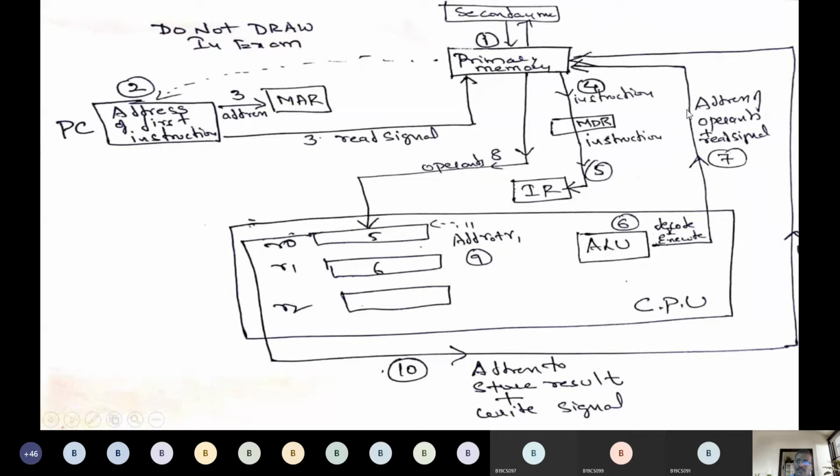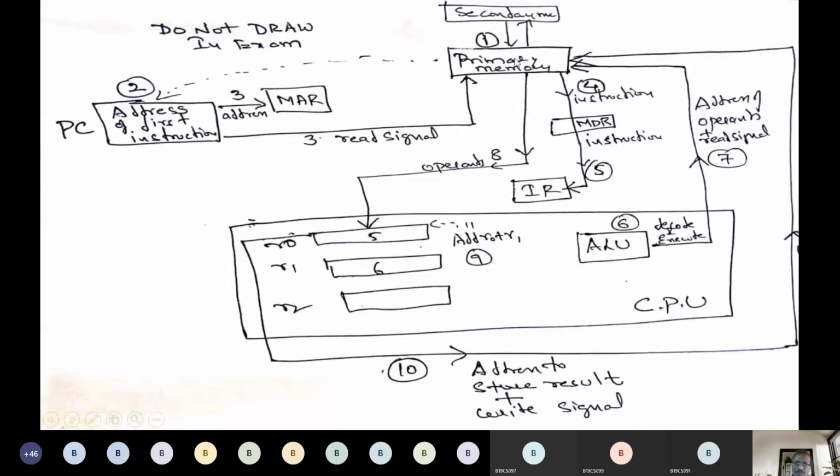So the address of operands A and B and a read signal are sent. Because the address is sent, obviously the A and B values are sent by primary memory. But remember, those are not sent to IR.